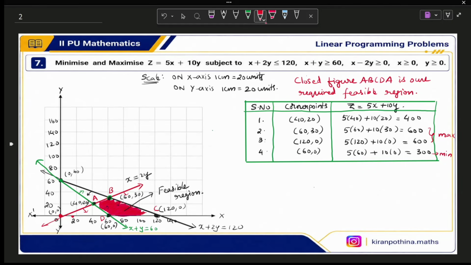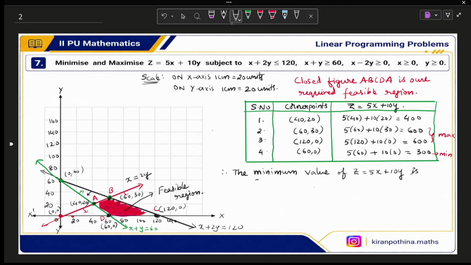Now when it comes to the conclusion, you see what I will write. Therefore, the minimum value. What is the minimum value? The minimum value of z equal to 5x plus 10y is how much?